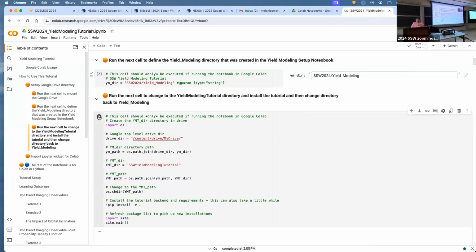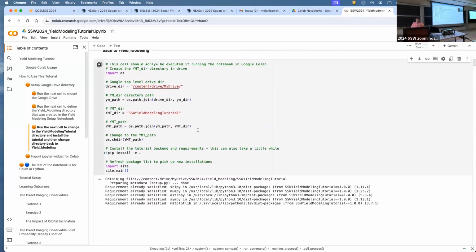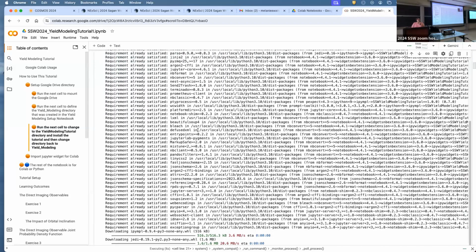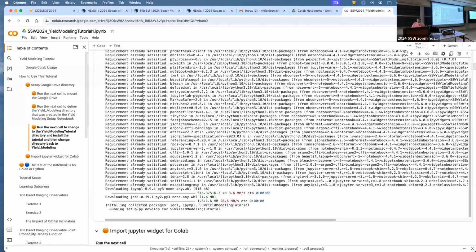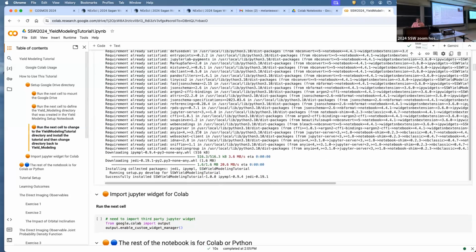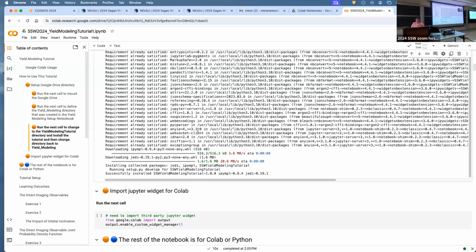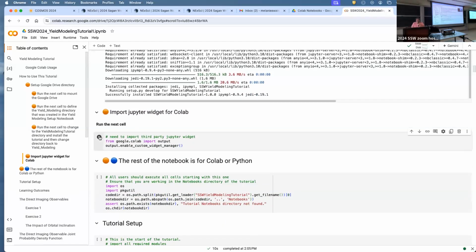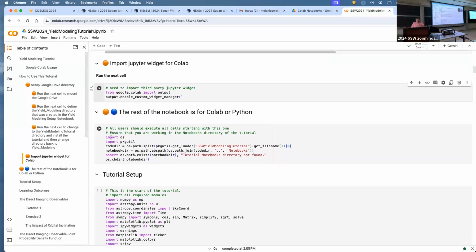And now this cell is the one that's going to install a bunch of stuff, and this may take a minute or two. I'm scrolling down so you can see how much stuff it's installing. All right, the very last line says successfully installed SSW yield modeling tutorial. And if you get to there, then you have installed everything. And we need to install the Jupyter widget. Getting that done.